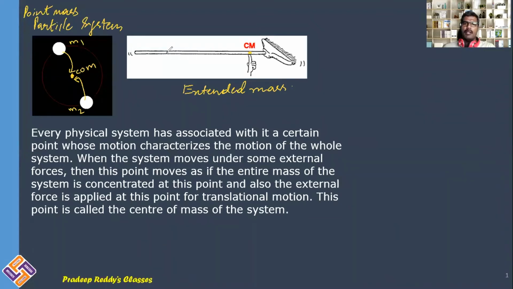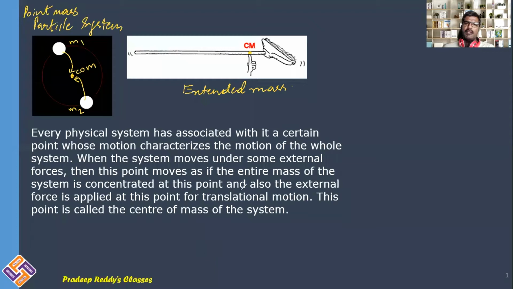So you are able to balance the whole system with respect to this fixed point, which is said to be a center of mass. So at this particular center of mass, if you are just placing your finger, you can lift the whole system. The characteristics of center of mass will be inherited by all the particles of that particular system.